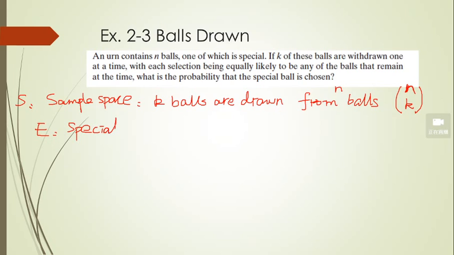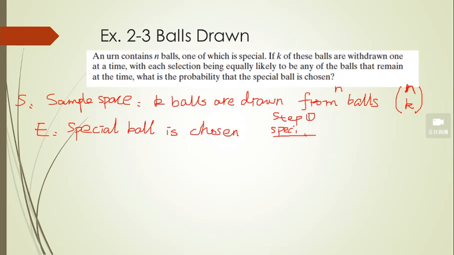Special ball is chosen, which means this ball is included in these k balls, right? So you can divide the experiment for event E into 2 steps. Step 1, you choose the special ball.